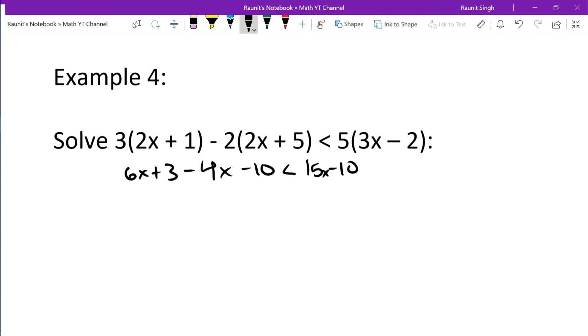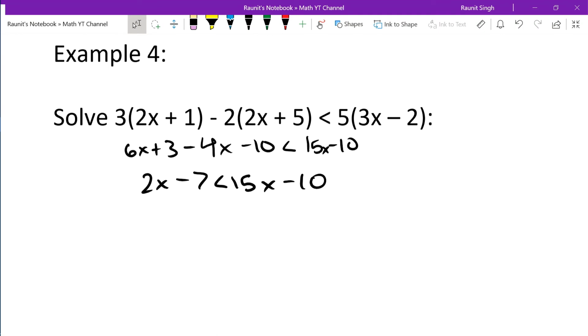I forgot the x there. Now simplify the left side so that it's easier for us. We get 2x minus 7 is less than 15x minus 10.